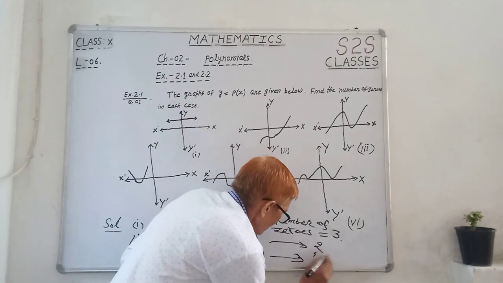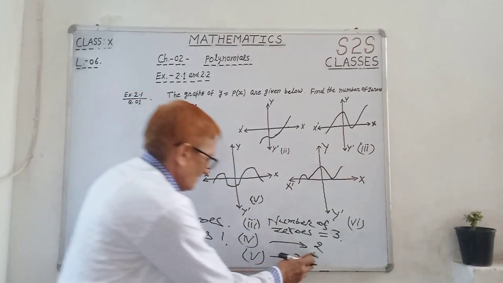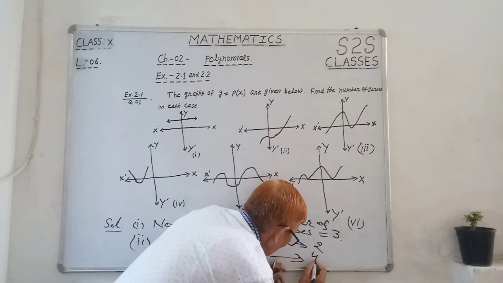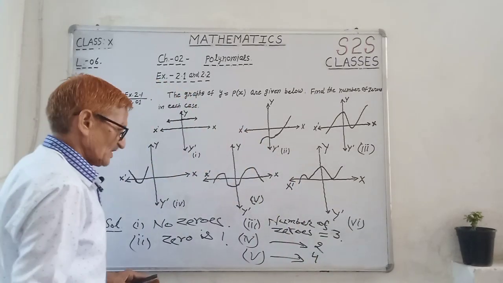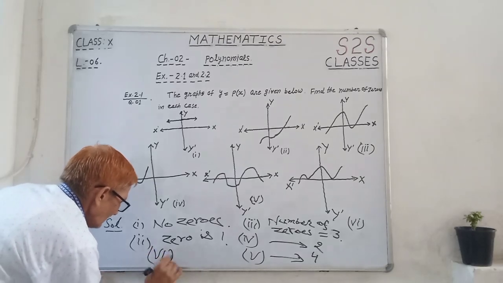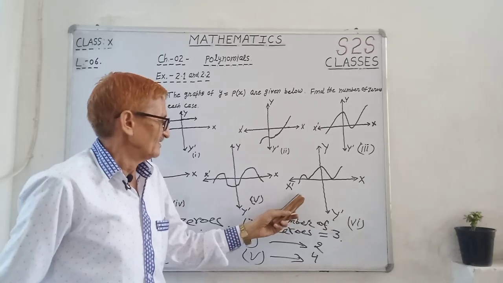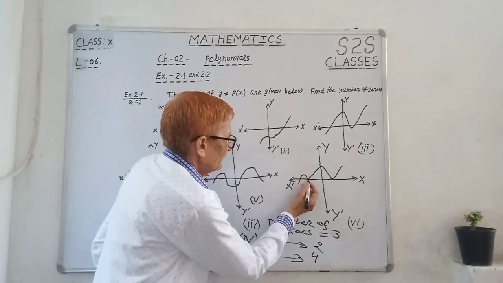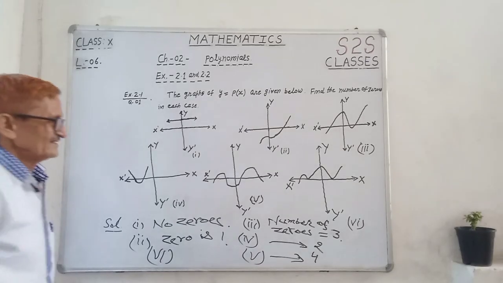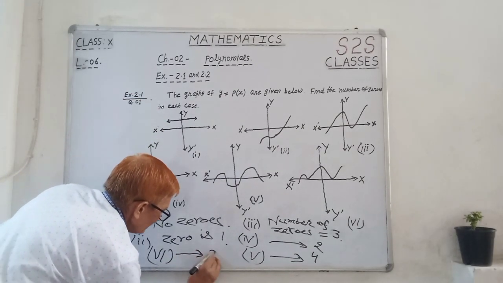So there are 4 points, so 4 zeros. Then after that the sixth part. How many points on the sixth part graph on the x-axis? 1, 2, 3. Only 3. So here number of zeros is 3.